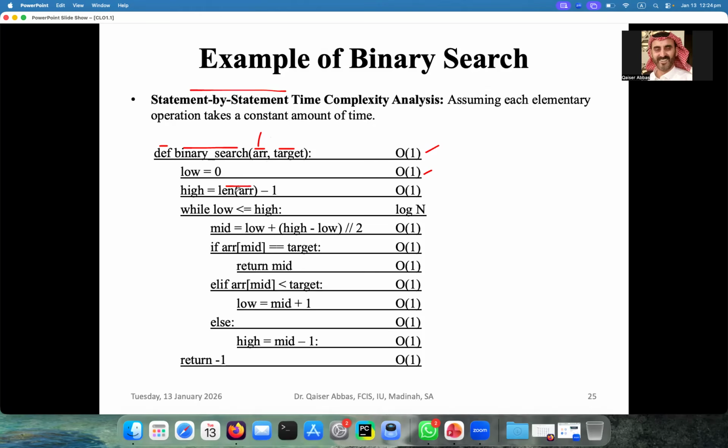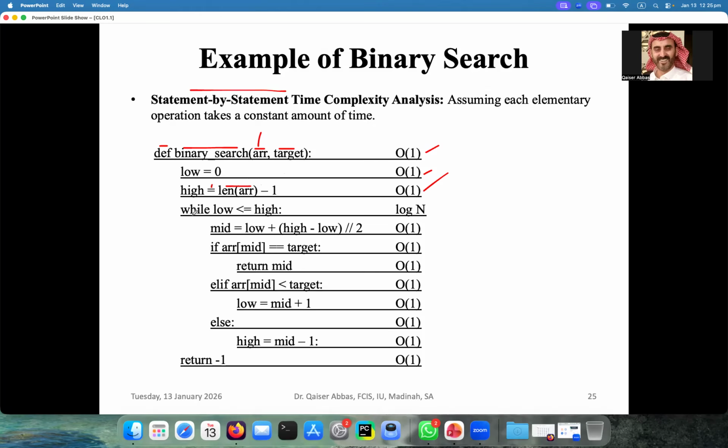And this is also an assignment: length of the array minus 1 is high. So this is also an assignment statement, order of 1, without understanding, just looking at the statements, because our objective is to calculate the statement by statement time complexity. But sometimes you have to see what is going on there, the execution.